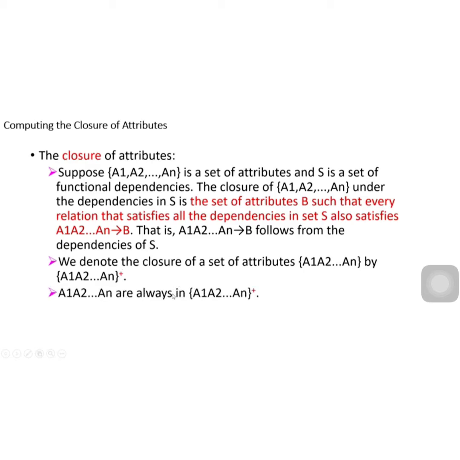A1, A2, ..., An is always in the closure of A1, A2, ..., An. If A1, A2, ..., An functionally determines X, then X must be in the closure of A1, A2, ..., An.